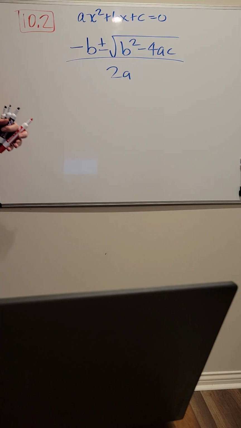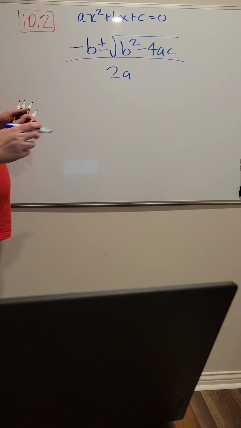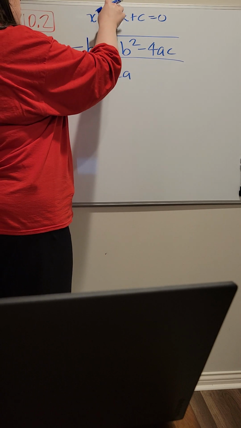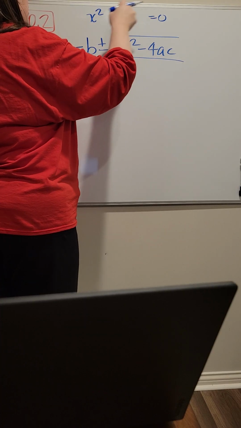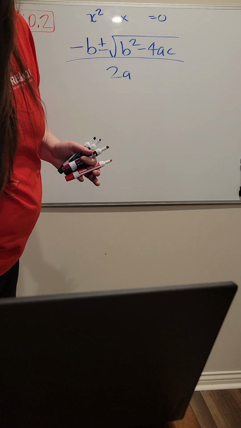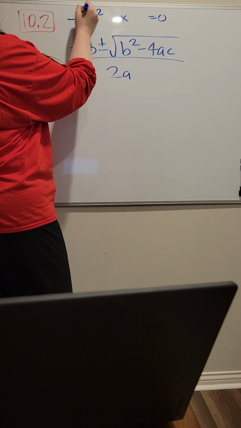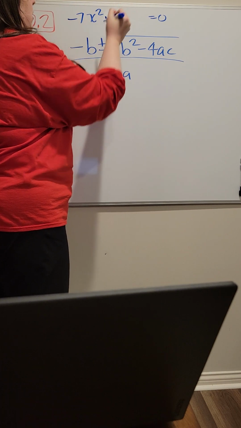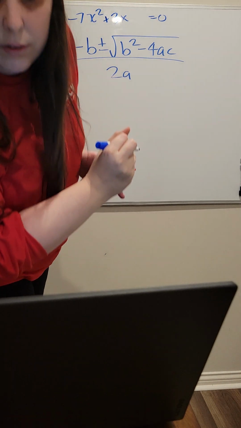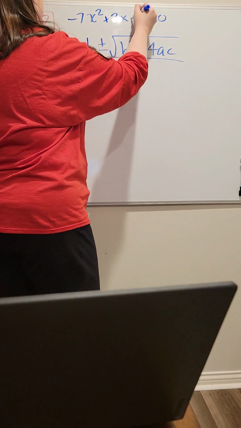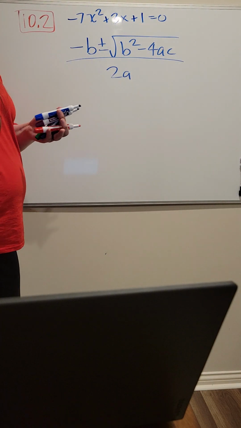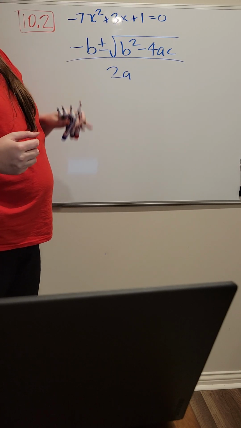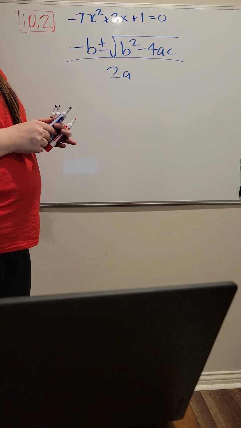Okay, so an example would be if you had negative 7x squared plus 3x plus 1 equals 0. If you ever have an equation not equal to 0, just move stuff over to the other side of the equation using the opposite sign.